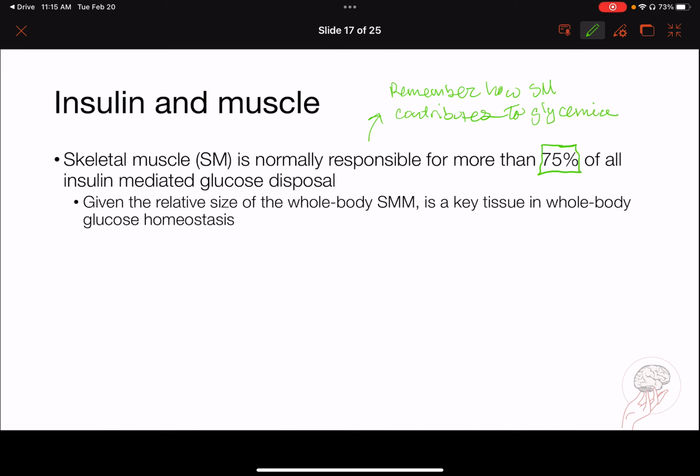So given the relative size of whole body skeletal muscle mass, which is quite a bit, skeletal muscle is a key tissue in whole body glucose homeostasis. More muscle equals better glucose disposal.